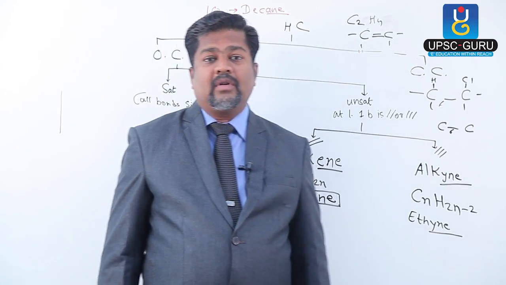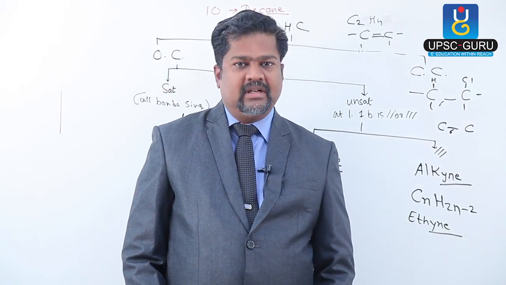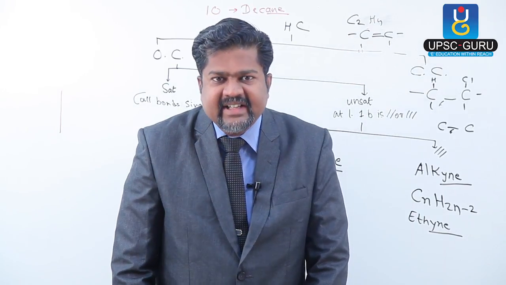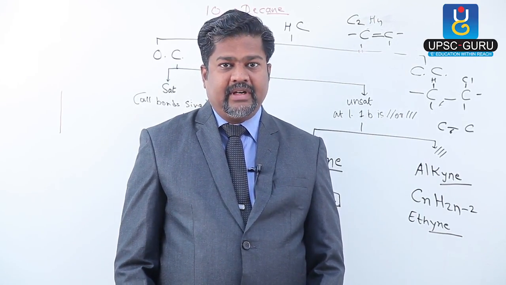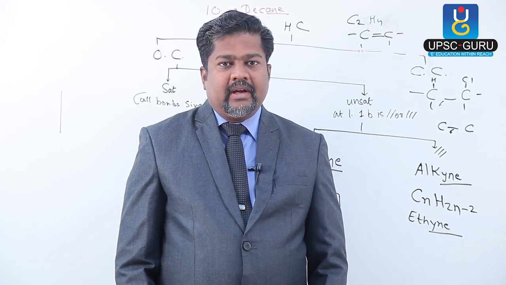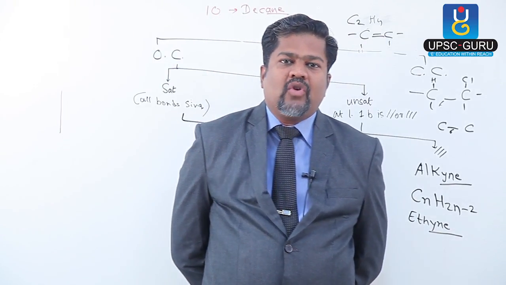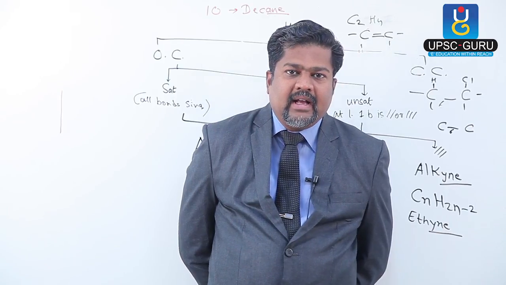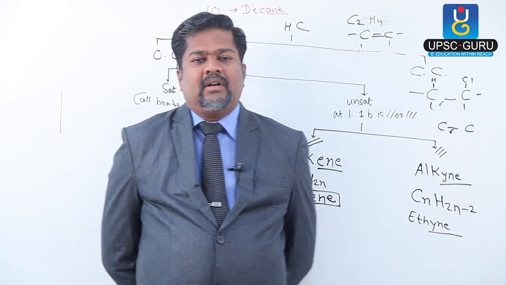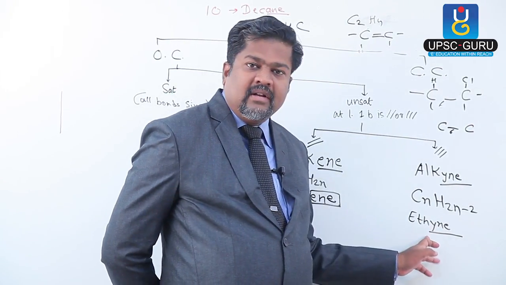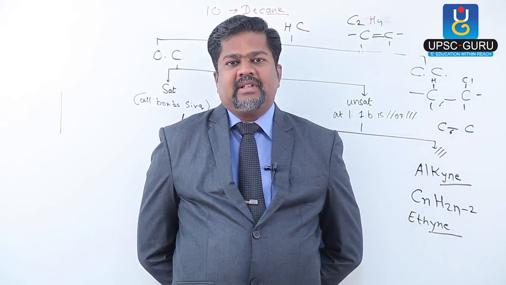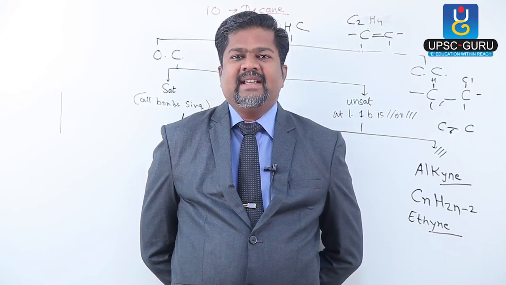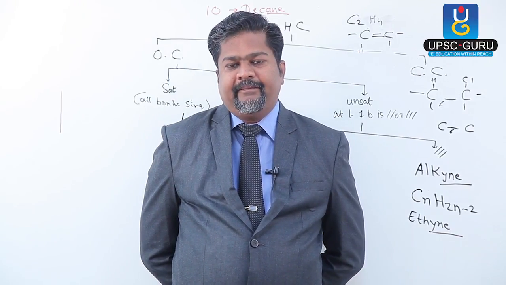Then one of the important members of ethyne we call acetylene. That is very reactive in nature. It combines with oxygen, and it should actually be called ethyne, but the general name is acetylene. It gives a flame called the oxyacetylene flame.